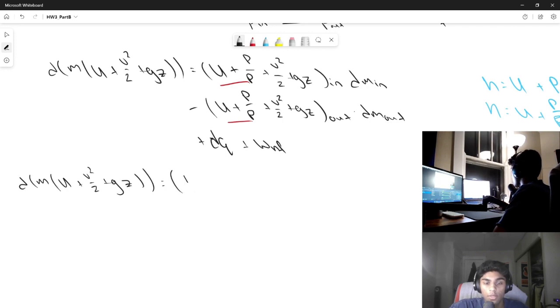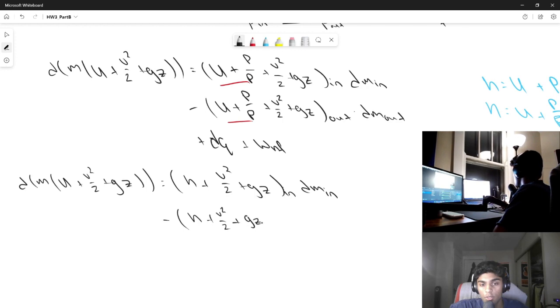So this is going to be h plus V squared over 2 plus gz in, differential mass in, minus, same thing here, we have our h, so h plus V squared over 2 plus gz out, differential mass out.